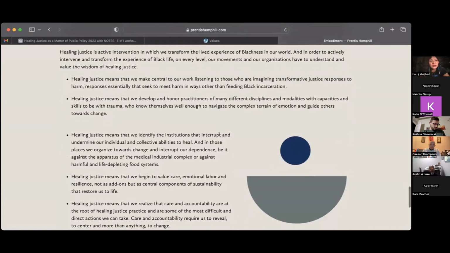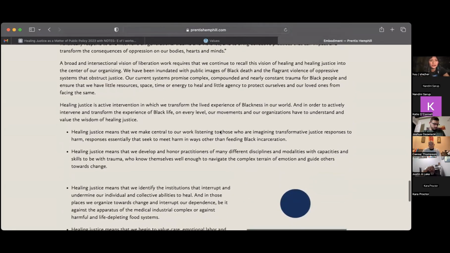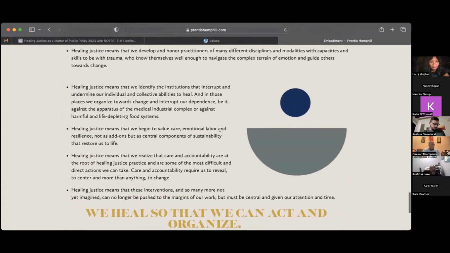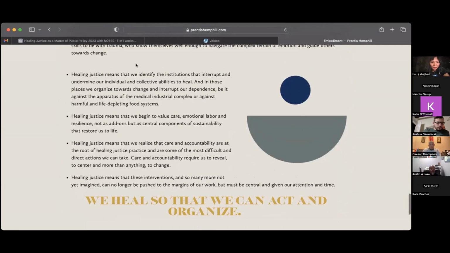And I think for the sake of time, I won't have us read all of their definition of what healing justice means. But I would love for someone to read perhaps these last 4 bullet points.